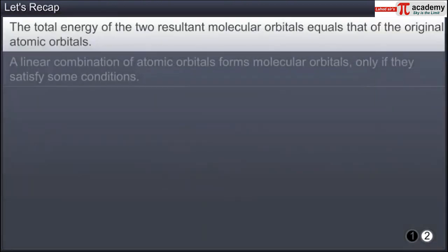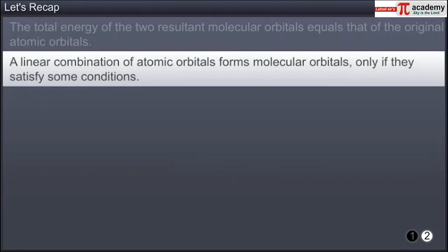The total energy of the two resultant molecular orbitals equals that of the original atomic orbitals. A linear combination of atomic orbitals forms molecular orbitals only if they satisfy some conditions.